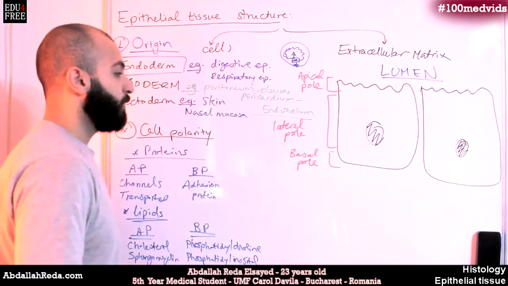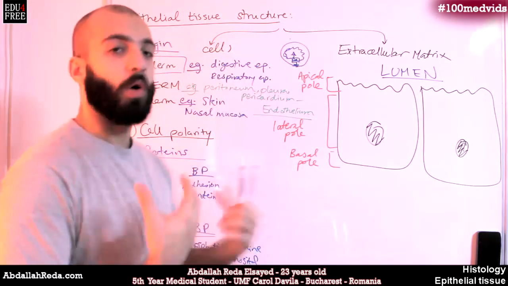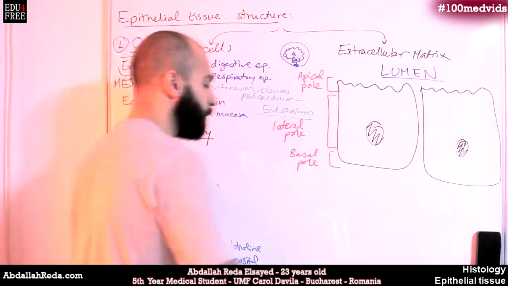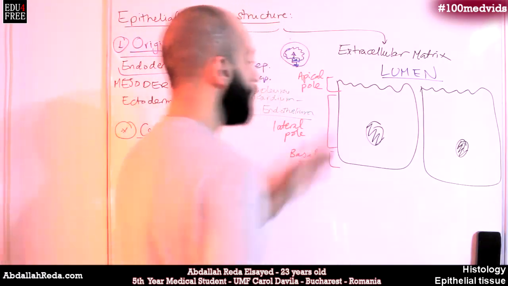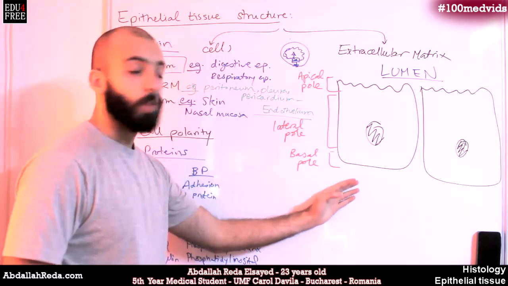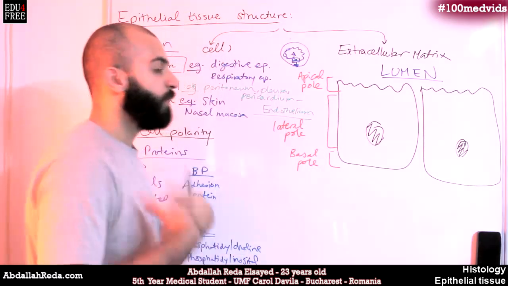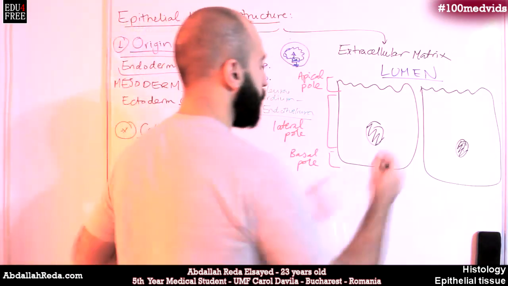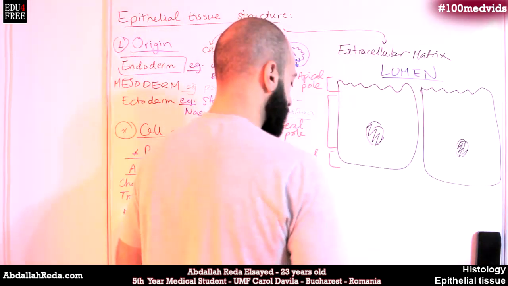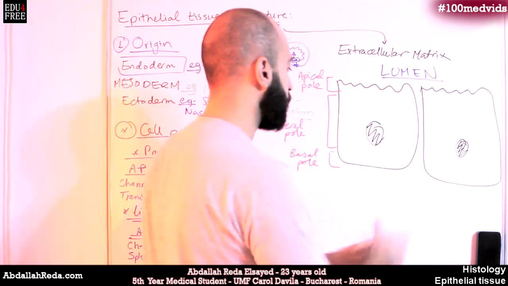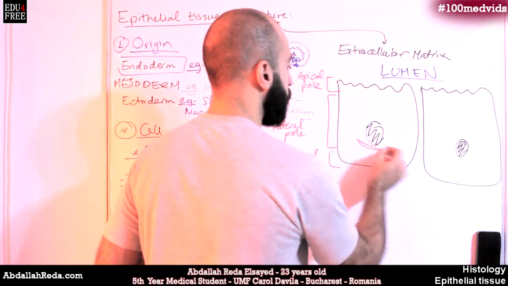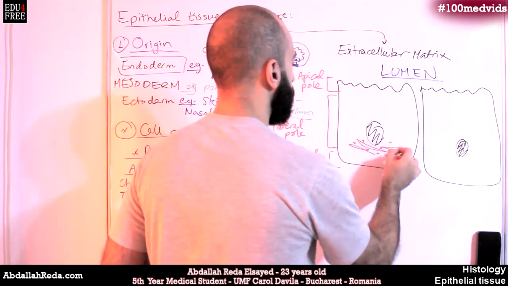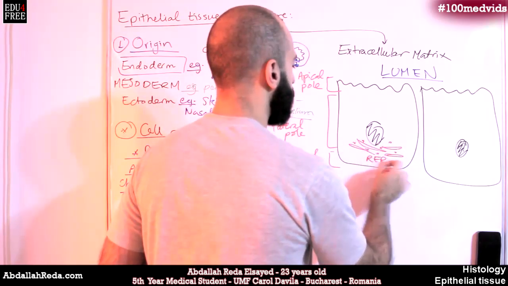We also have a difference in the distribution of the organelles inside the cells themselves. For example, the nucleus usually is resting more towards the basal pole. We have the protein synthesis organelles. For example, we have the rough endoplasmic reticulum, which is usually situated towards the basal pole. So here we usually have the rough endoplasmic reticulum.